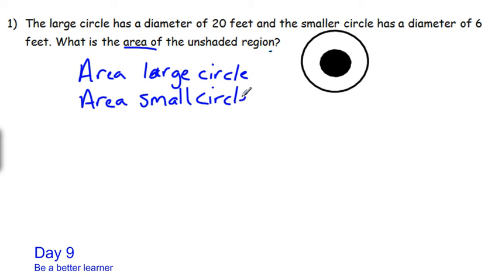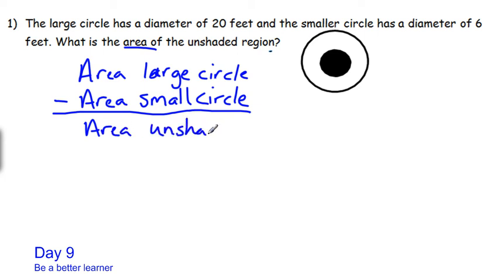Well, if we consider that we don't want the small circle, we can say, what happens when we take it away? If we just subtract it, we should get the area that is unshaded. So let's just get right to it.